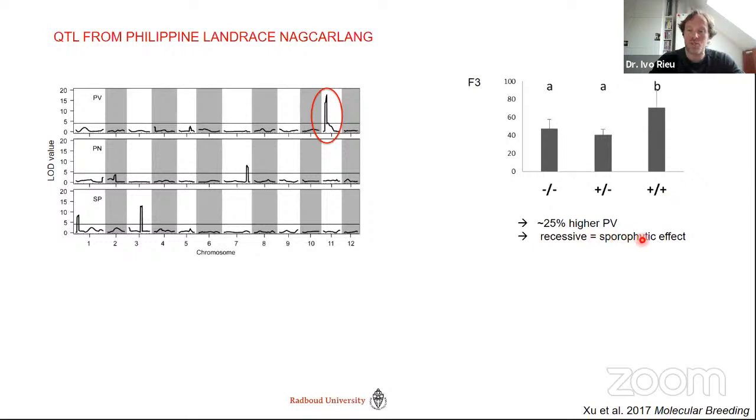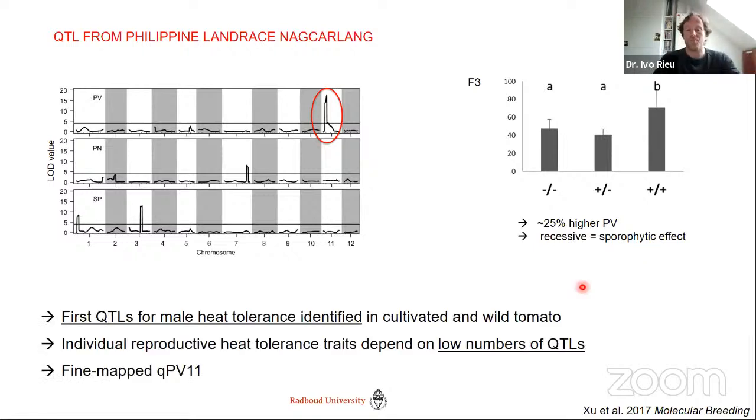That also tells us that this locus is doing something in the sporophyte and not in the pollen itself, because if it were in the pollen, in the heterozygote half of the pollen should be protected already, but that is not the case. We don't see a sign of that. So probably it's doing something around the pollen in the flower, we think, because it is a local effect of the heat. Maybe in the tapetum, a cell layer that is just around the pollen.